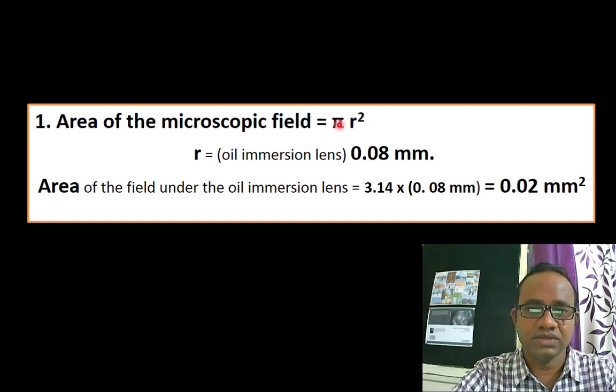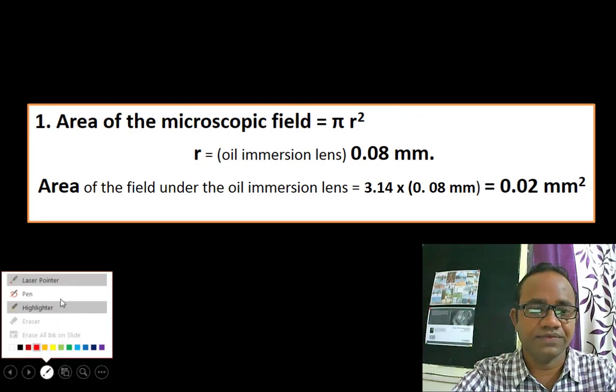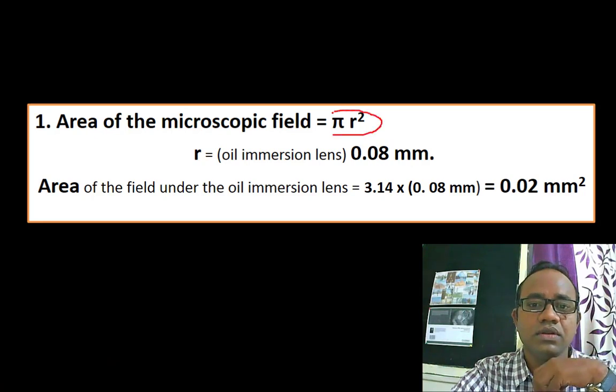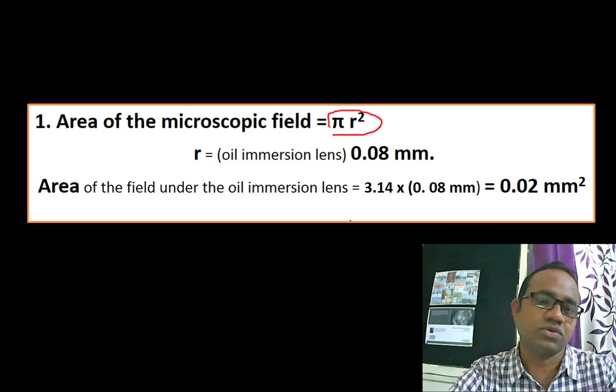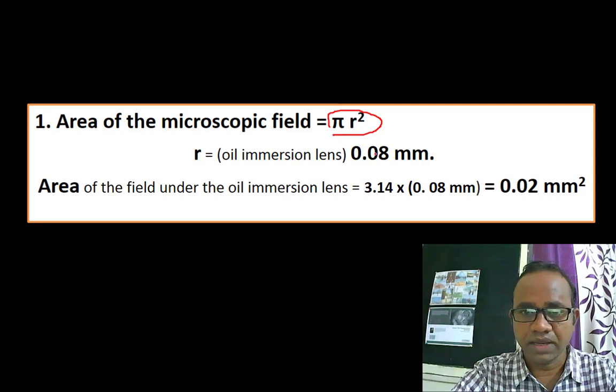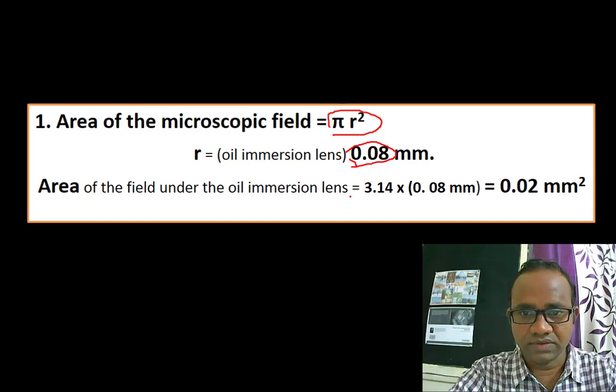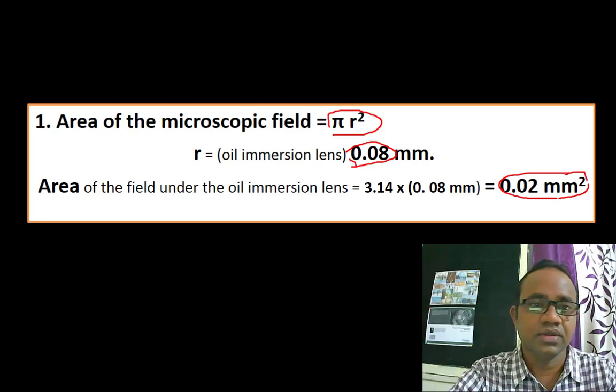It is actually pi r square, which will give you the total area of a microscopic field. Pi value we know. And r is what? It is the radius of this microscopic field, which is generally 0.008 millimeter. With this, calculating the total, we get 0.02 millimeter square. So this is the total area of the microscopic field.